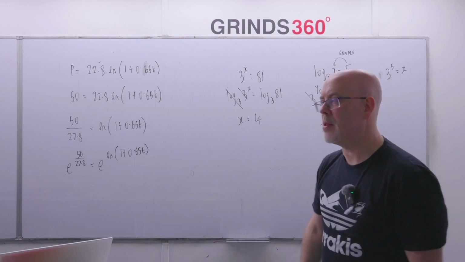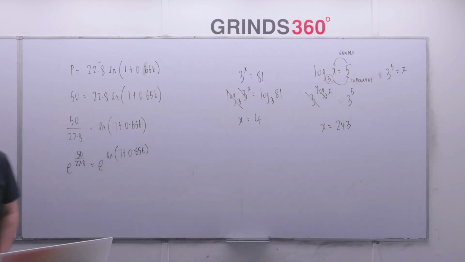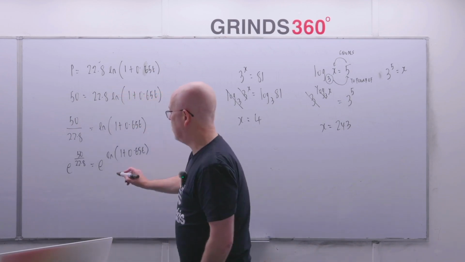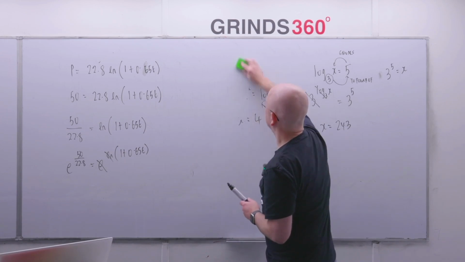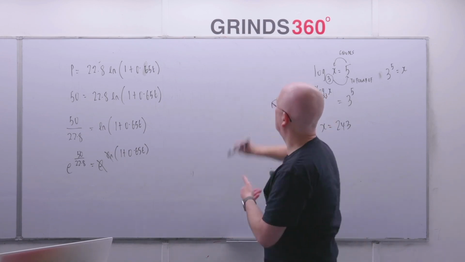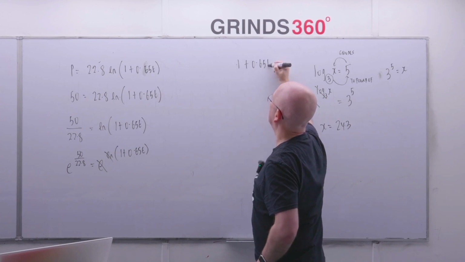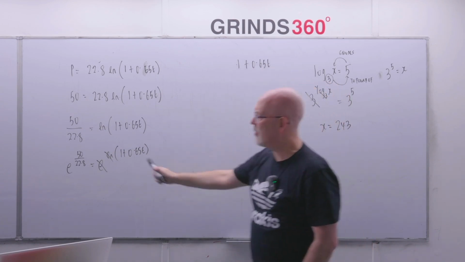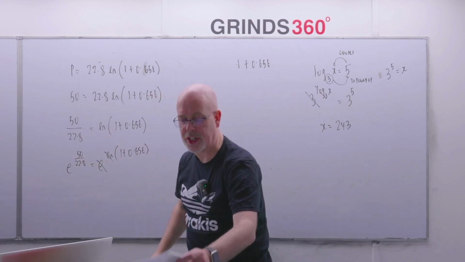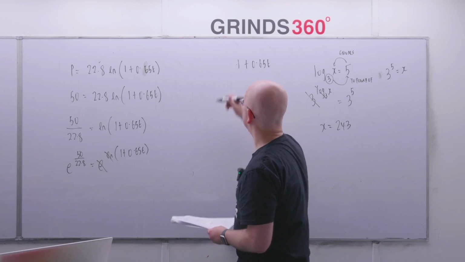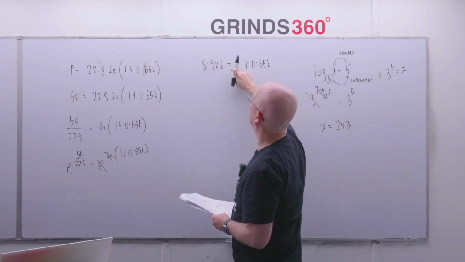You can see on the right-hand side, they cancel as opposites, so I just get the 1 plus 0.65t left. If you put e to the power of 50 over 22.8 into your calculator, that gave me about 8.926. It doesn't matter how many decimal places you take there.